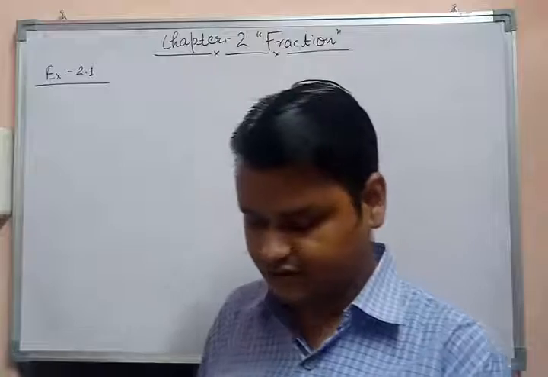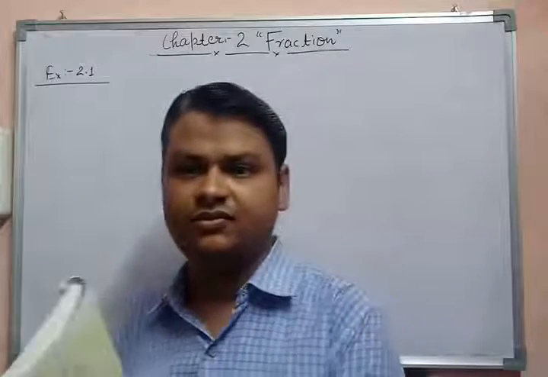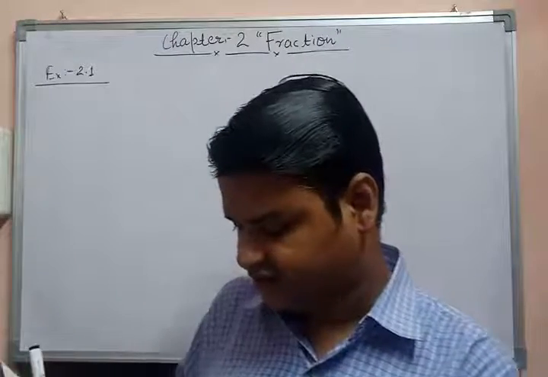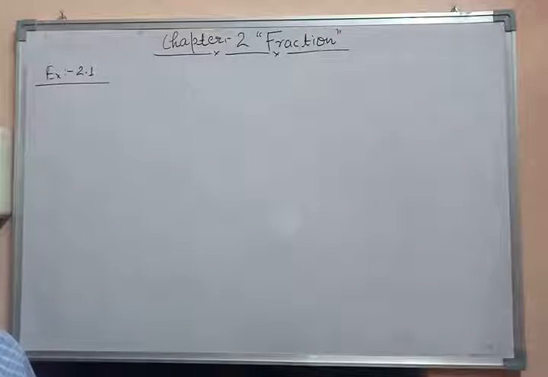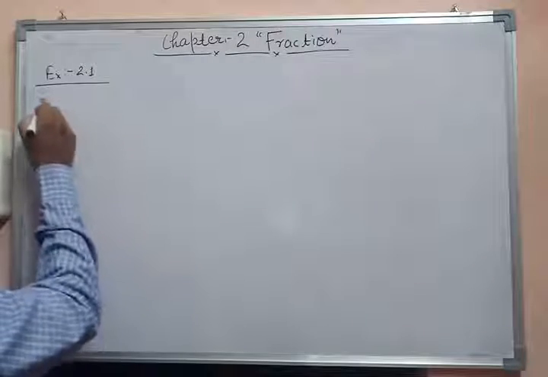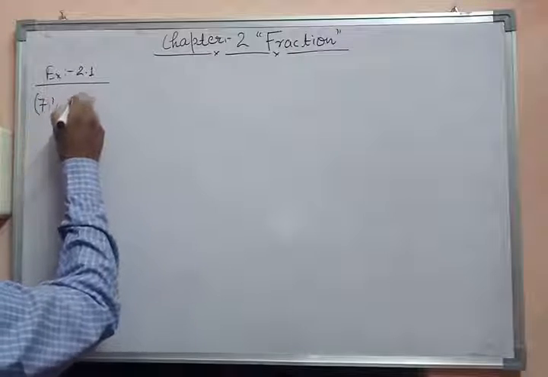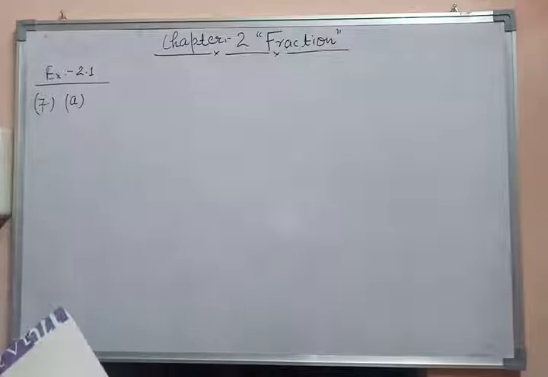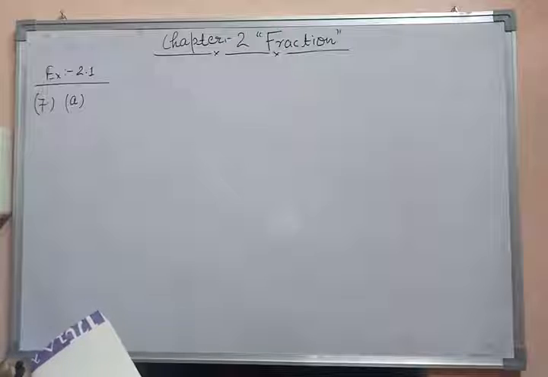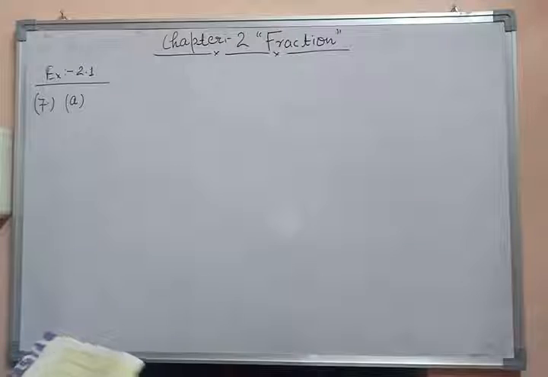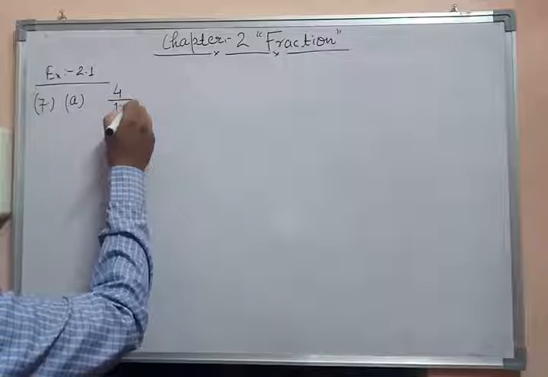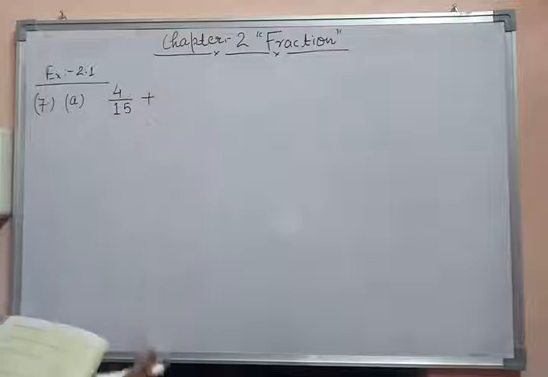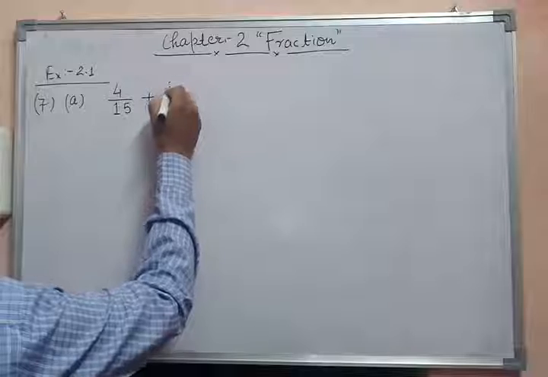Question number 7, you have to find the sum. It means you have to add the fractions. Question number 7, part A: you have to add the two fractions which are given, 4 upon 15 plus 3 upon 10.